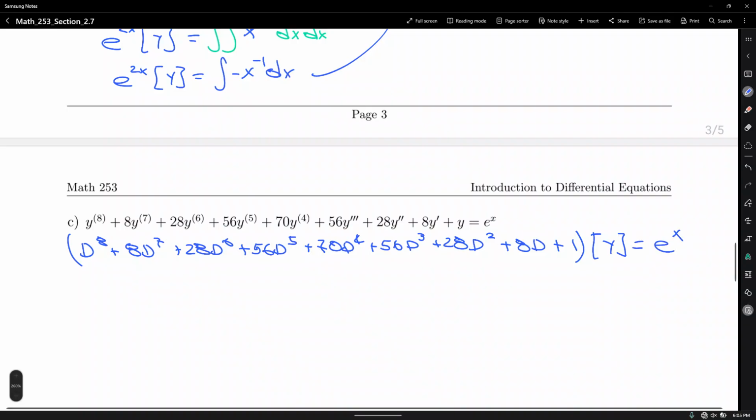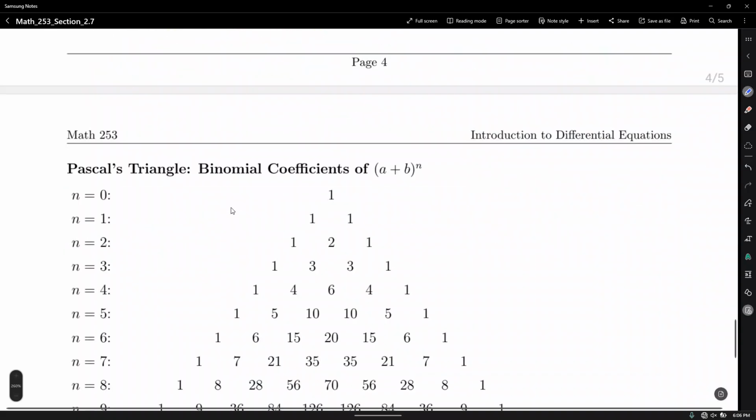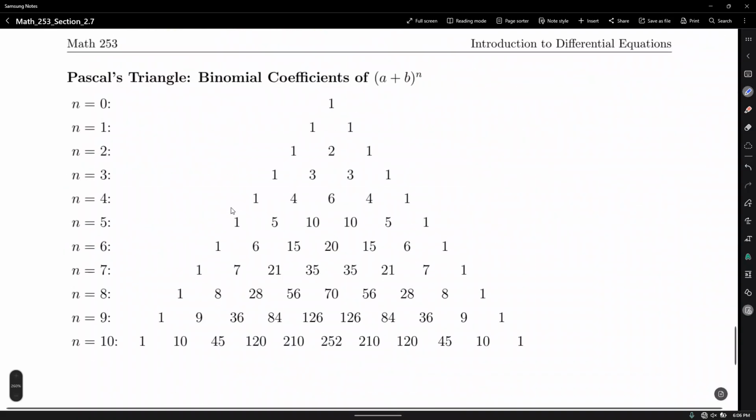Okay, guys. How do we factor this 8th-degree polynomial? Any ideas? Do you want to do the rational root theorem with this? No, check what's on the next page. You guys remember Pascal's triangle? You can easily generate the numbers by simply adding: 1 plus 1 equals 2, 1 plus 2 equals 3, 2 plus 1 equals 3, 7 plus 21, 28.